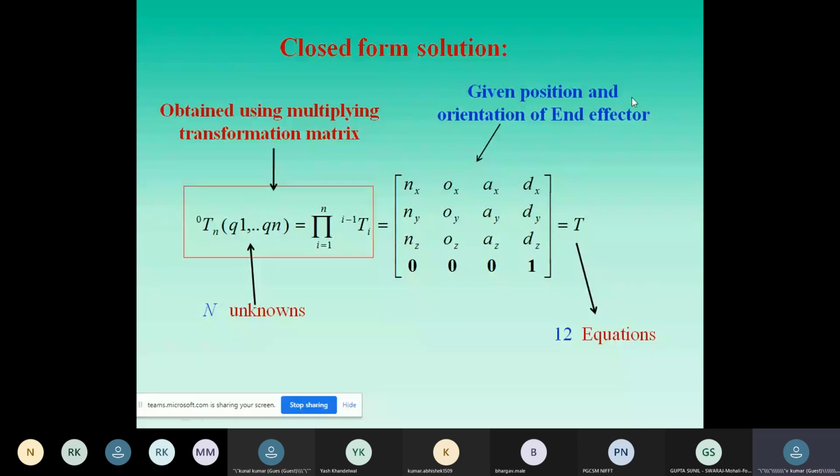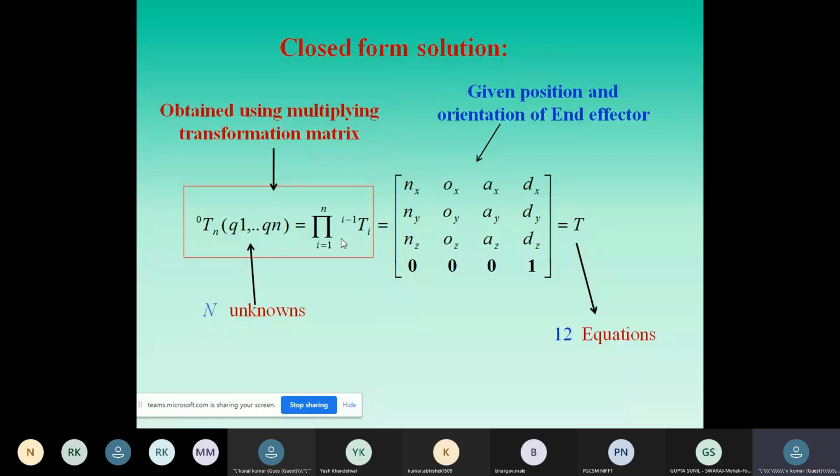And Dx, Dy, Dz is the position x, y, z of the end effector. It means from forward kinematics you get the equation 0T1, 1T2, 2T3 and multiply these matrices, then that should be equal to our given end effector position and rotation matrix.